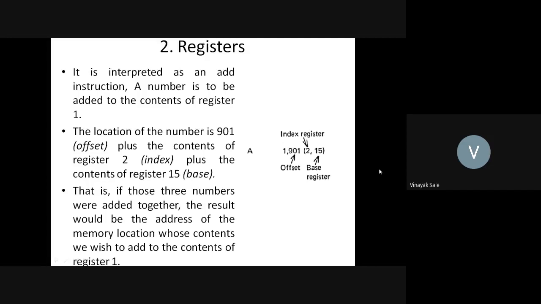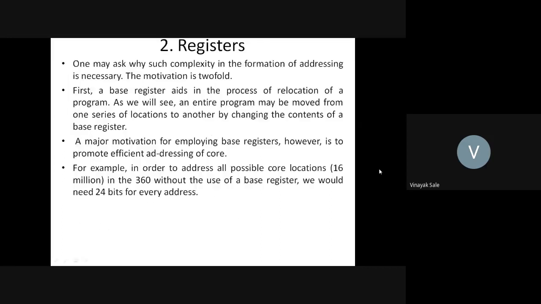So these three numbers were added together and result would be the address of memory location whose contents we want to add to the contents of register 1. ओके, रजिस्टर 1 मध्ये आपल्याला हे स्टोअर करायचं असेल तर या तिन्हीची बेरीज करावं लागेल. ऑफसेट, इंडेक्स रजिस्टर आणि बेस रजिस्टर या तिन्हींची बेरीज जी काही येईल तो तुमचा मेमरी ऍड्रेस असणार आहे. सो वन मे आस्क, एखादा असा प्रश्न विचारू शकतो, सच कॉम्प्लेक्सिटी ऑफ फॉर्मेशन ऑफ ऍड्रेसिंग इज नेसेसरी.